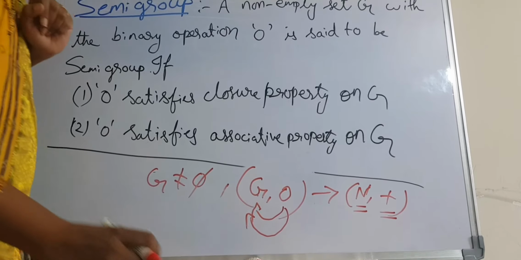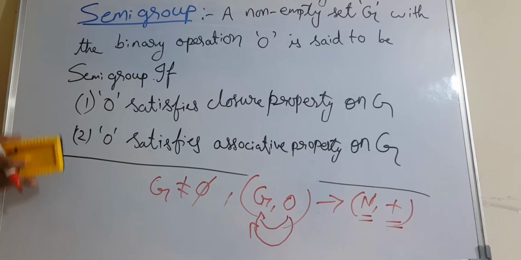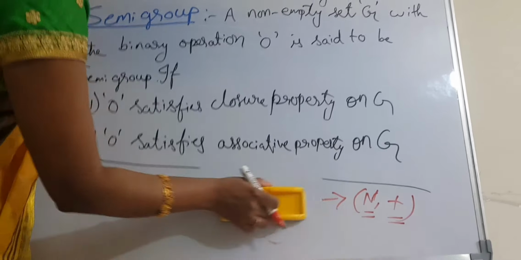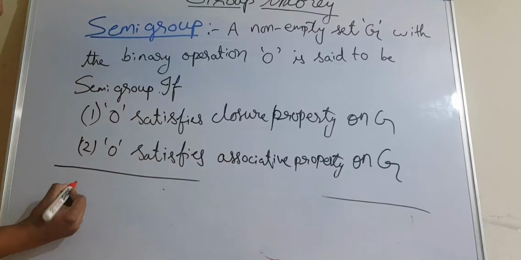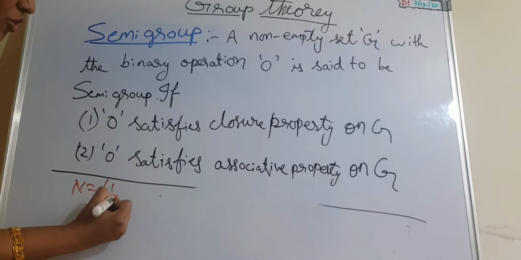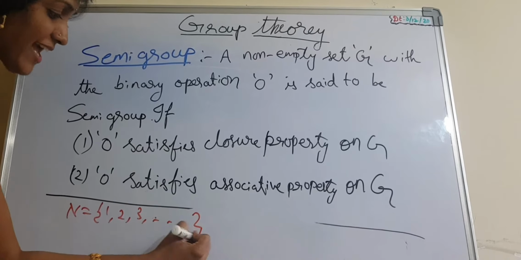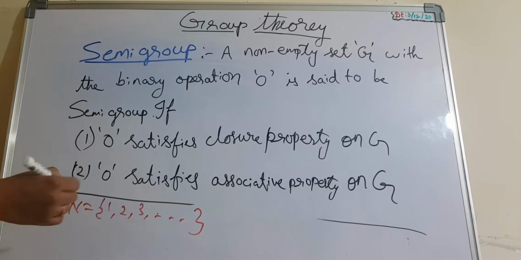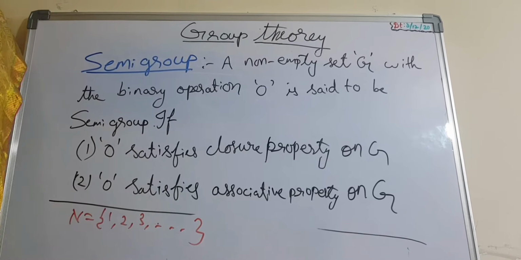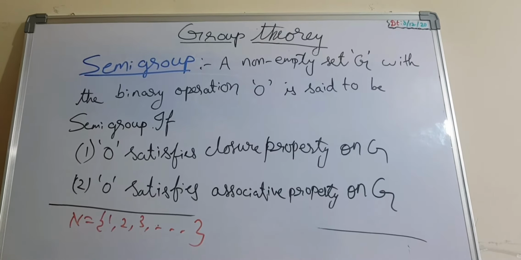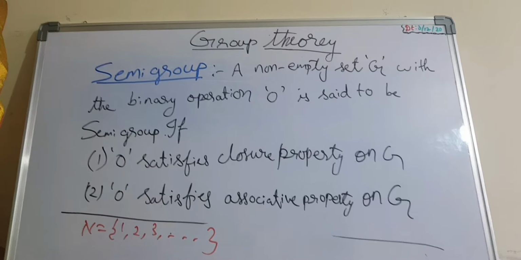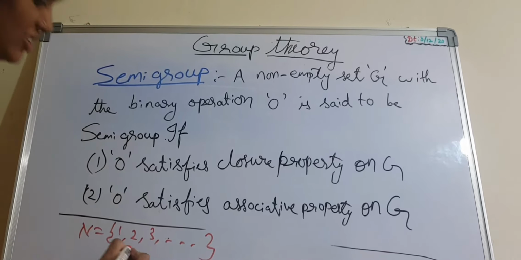We will see some example. We know 1, 2, 3, and so on is the natural number set. Here closure property is nothing but binary operation.